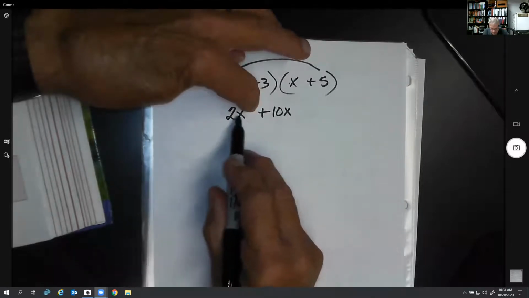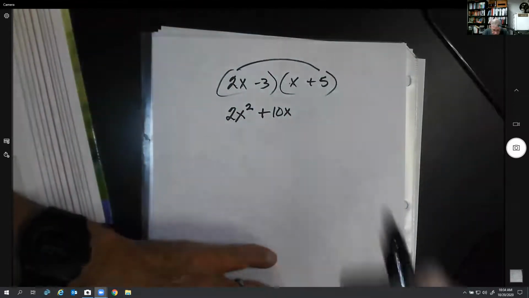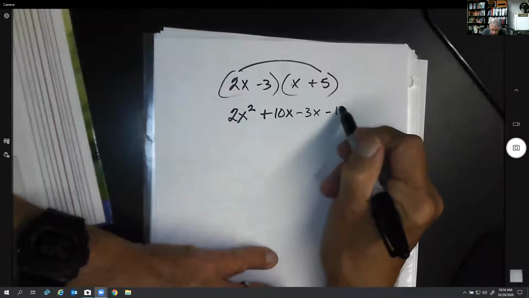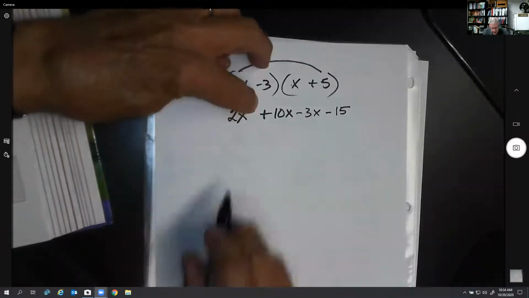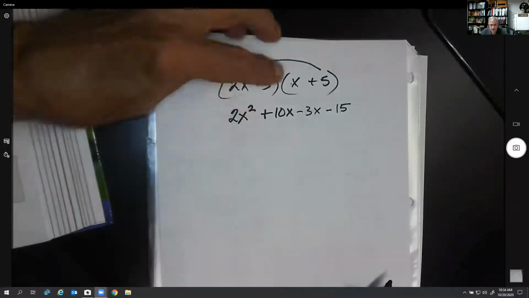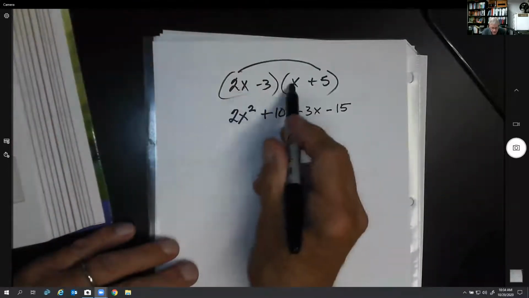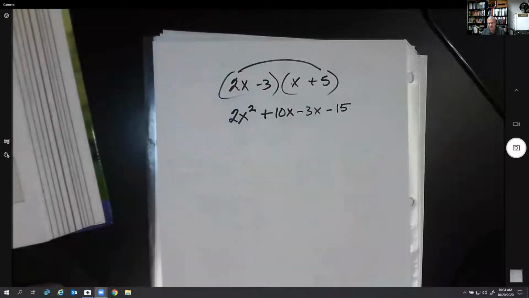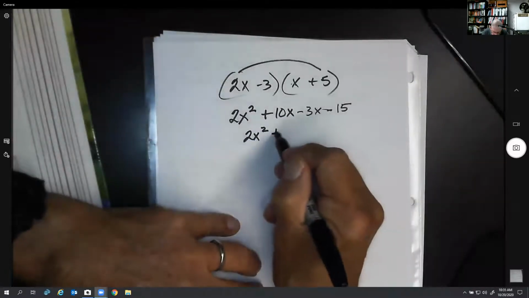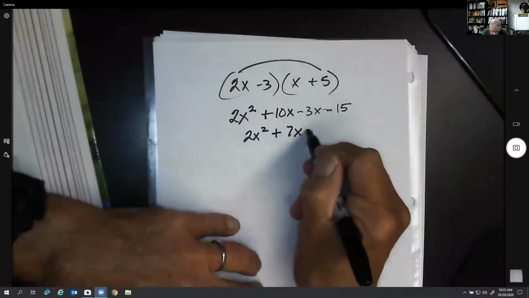You'd be surprised how many mistakes I've seen in my lifetime. Minus 3x minus 15. So then what happens is we got 2x plus 10x minus 3x. This became a binomial somehow. So you want to make sure that the very first term usually is going to have some kind of power. Be careful. You say it wouldn't happen to you, but it does. Plus 7x minus 15.